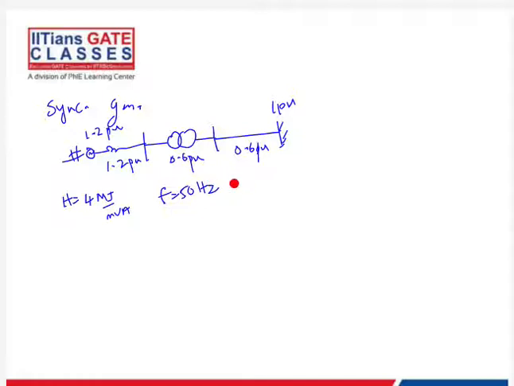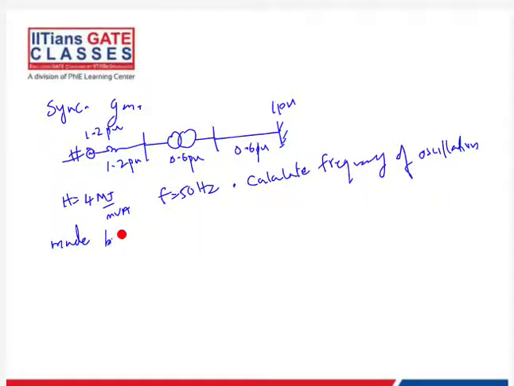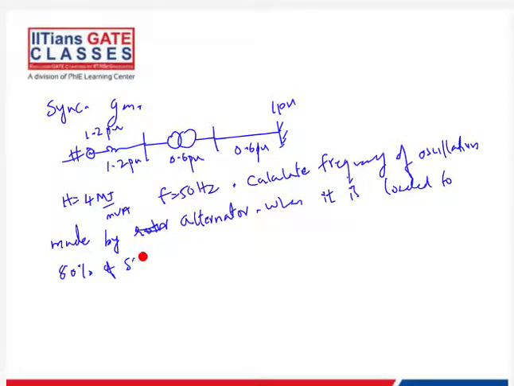What you are supposed to calculate is the frequency of oscillation made by the alternator when it is loaded to 80 percent of the steady-state stability limit.